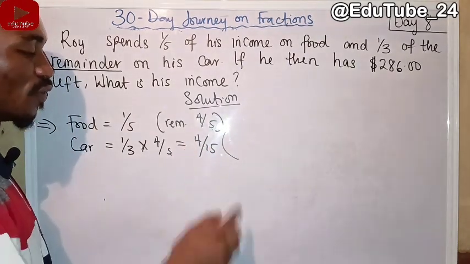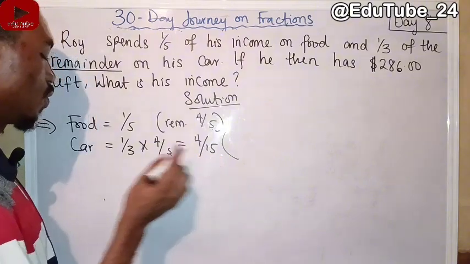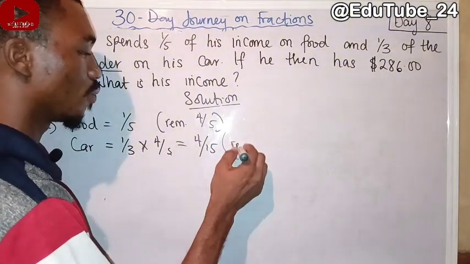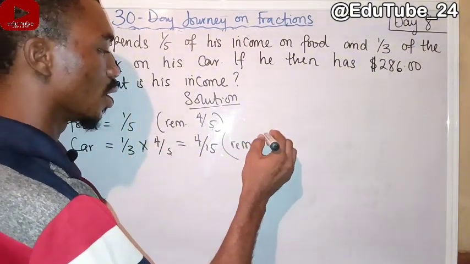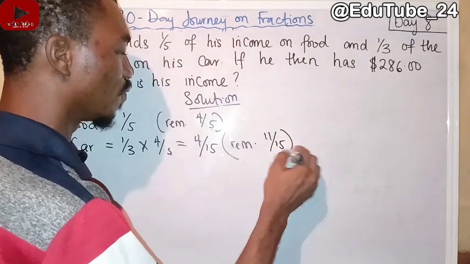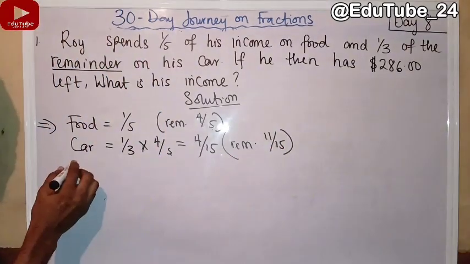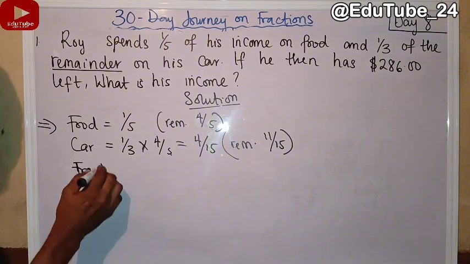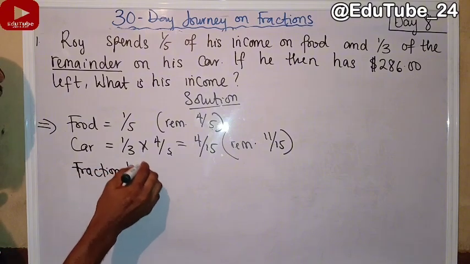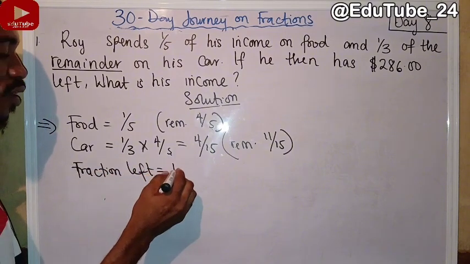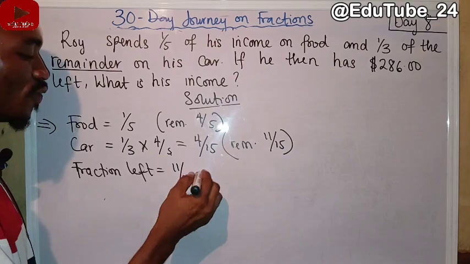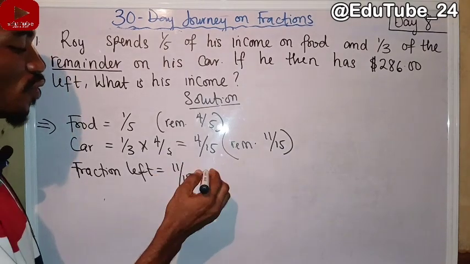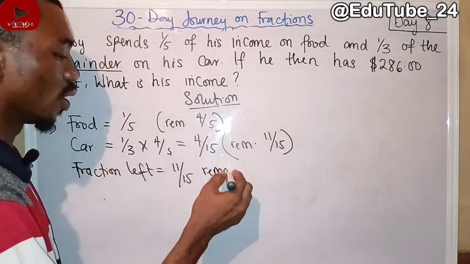So if you spend 4 out of 15 on car, then the remnant will be 11 out of 15. So this 11 out of 15 represents the fraction left.